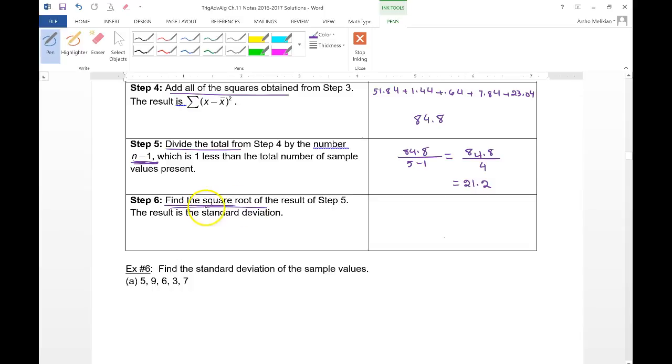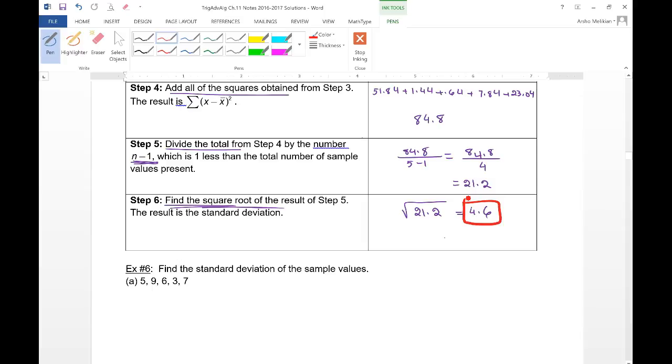Then we're going to take the square root of 21.2, 4.6, 1 decimal. Okay, so that is the standard deviation. What does that mean?